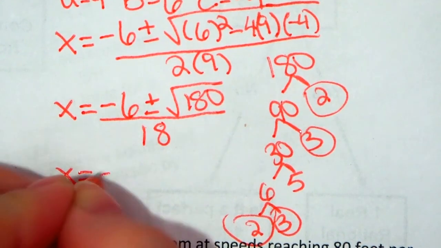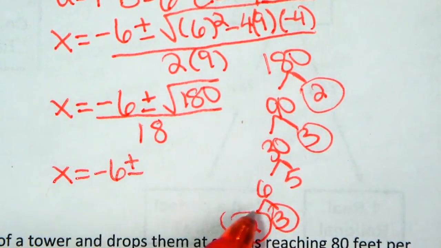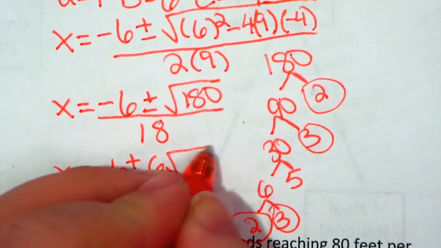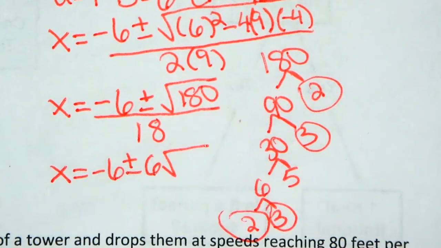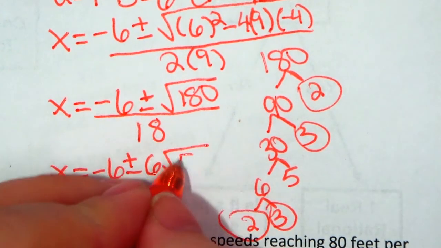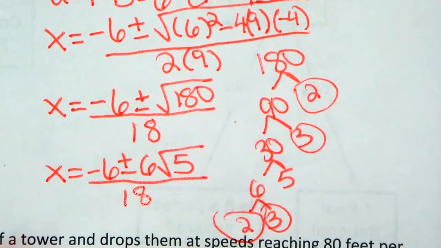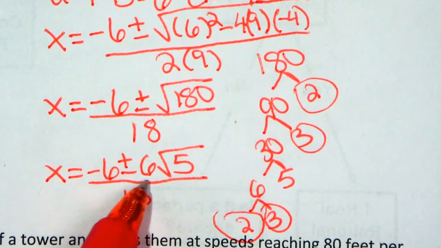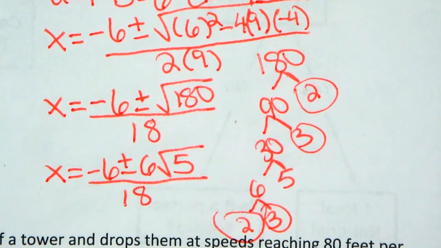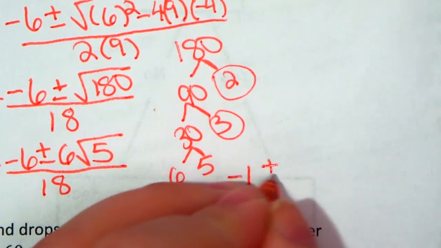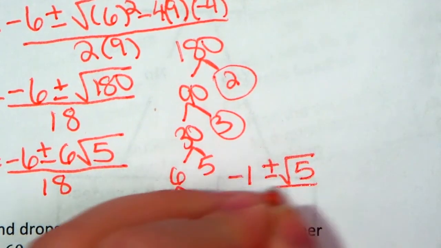So x equals -6 plus or minus 2 times 3, and inside the radical, I have just a 5, all over 18. And the 6 and the 6 and the 18 can all be divided by 6. So my final answer, we'll write it over on this side, will be -1 plus or minus the square root of 5 over 3.